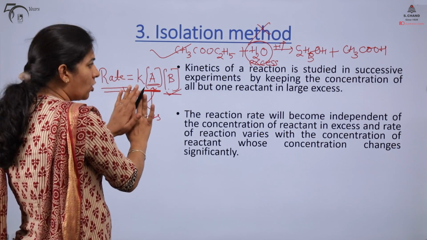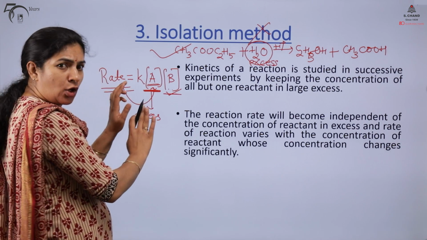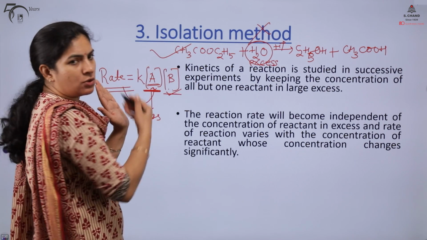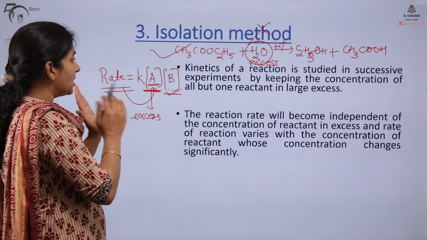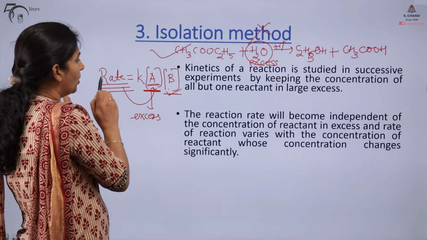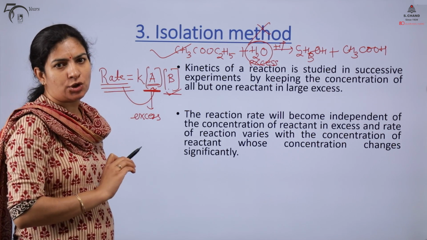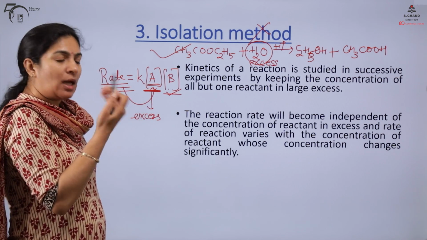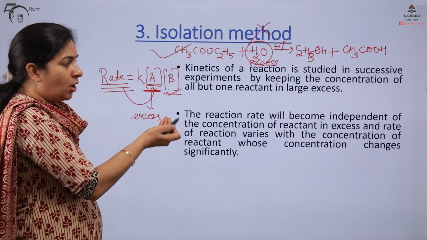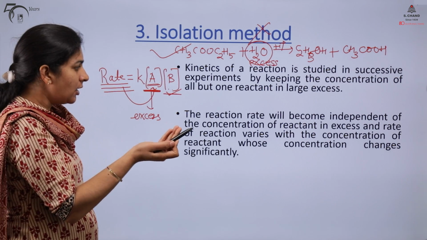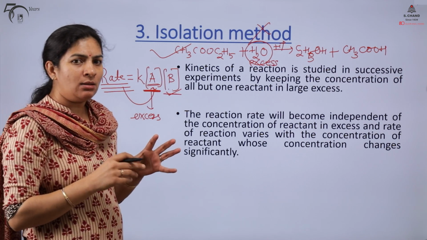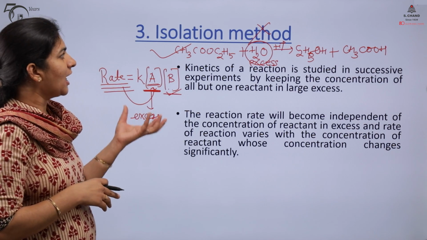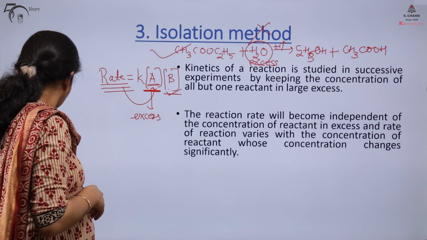I keep the concentration of A constant, and double the concentration of B, and then see what kind of dependence the rate has on the concentration of B. Whether my rate also doubles on doubling the concentration of B, or it remains the same, right? So this is the way I can make use of the isolation method.